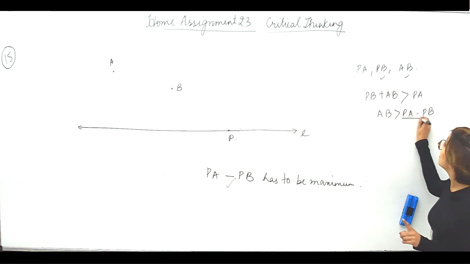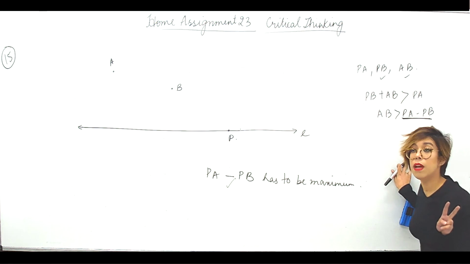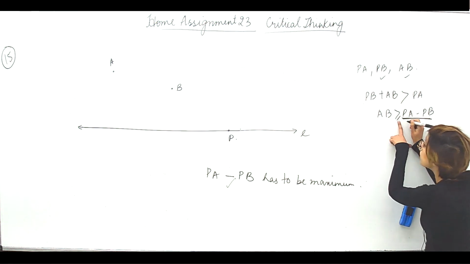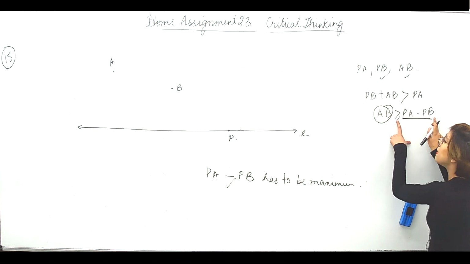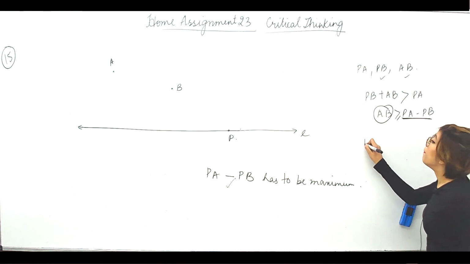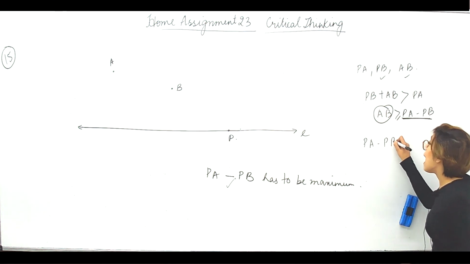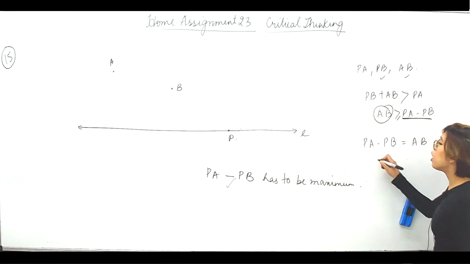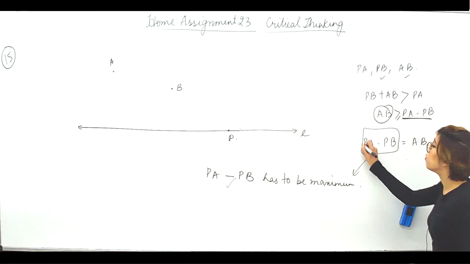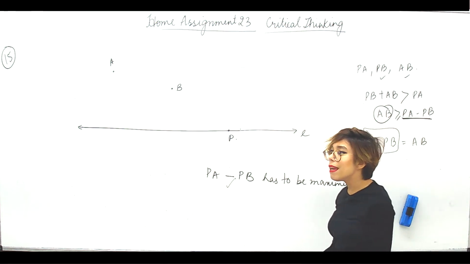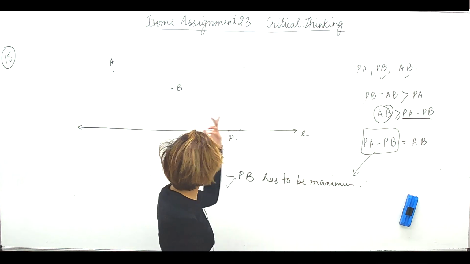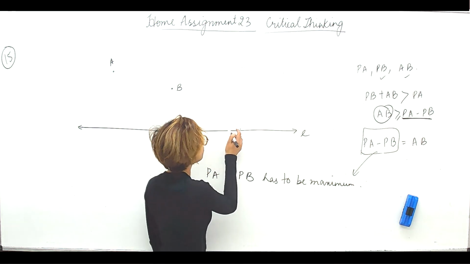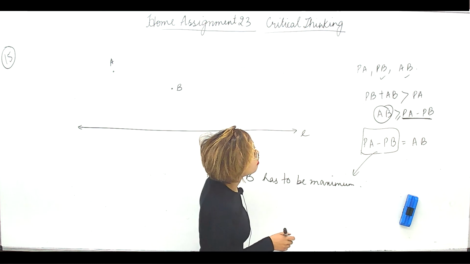Now I want this to be maximum. When will equality be achieved? When PA minus PB is equal to AB. PA minus PB has to be equal to AB in order to attain the maximum value. Now when will PA minus PB equal AB?